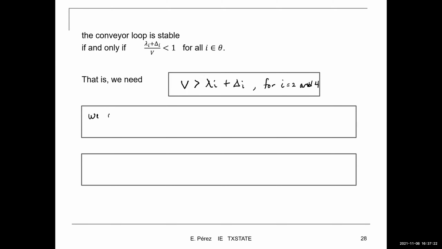V has to be greater than lambda 2 plus delta 2, which is equal to 30 plus 15. So this is 45.